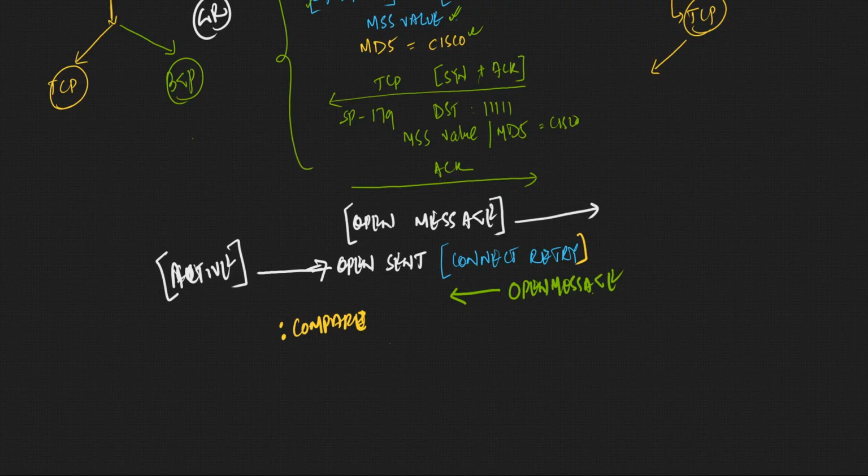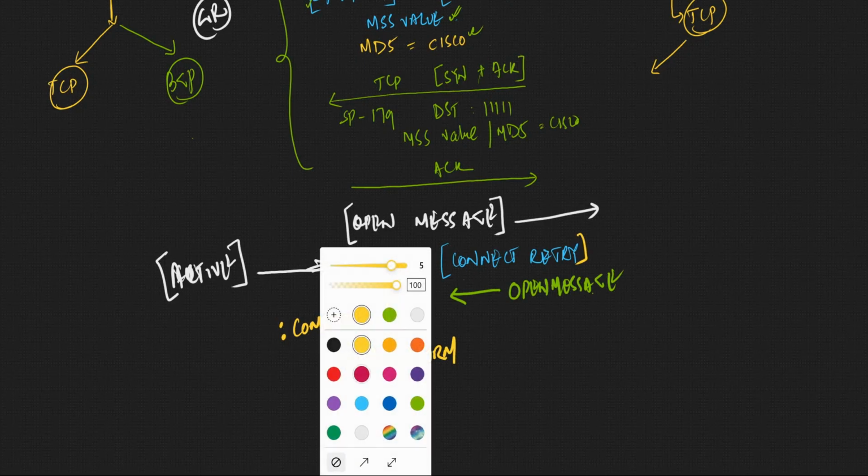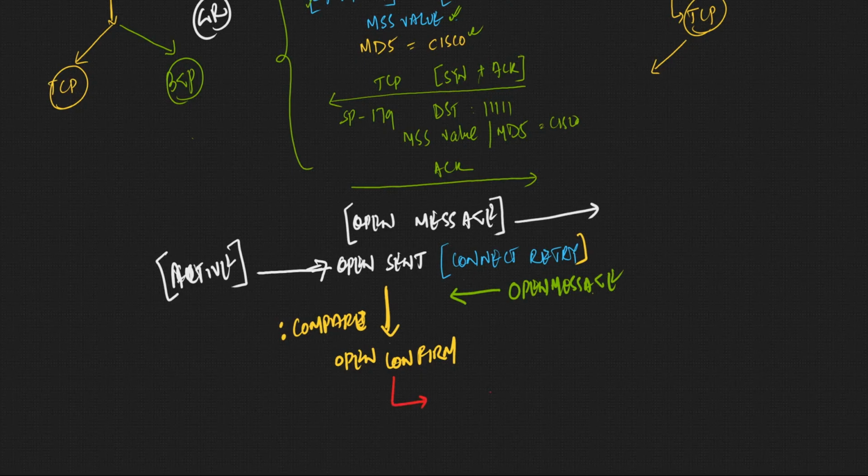Once it is compared, if everything is fine, what will R2 do now? It will do an OpenConfirm. The state changes from OpenSent to OpenConfirm, and basically it will send a keepalive message.